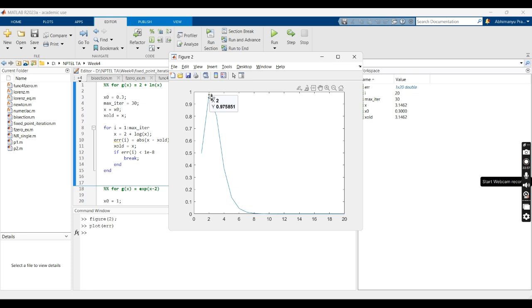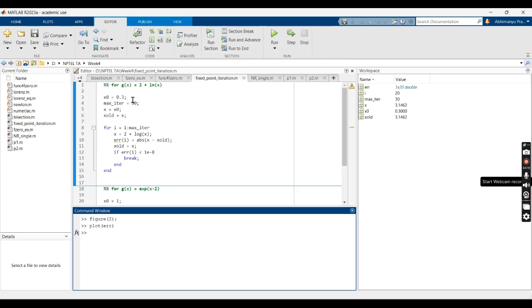Then my error increases, then it decreases continuously, and after 20 iterations, it becomes less than the tolerance that we have given, that is 10 to the power minus 8. Okay, so this is for the initial condition 0.3.